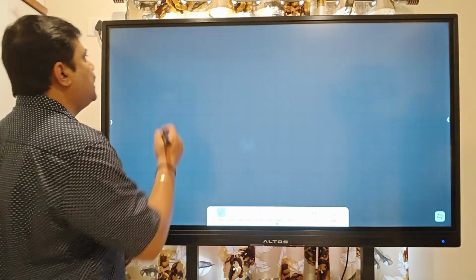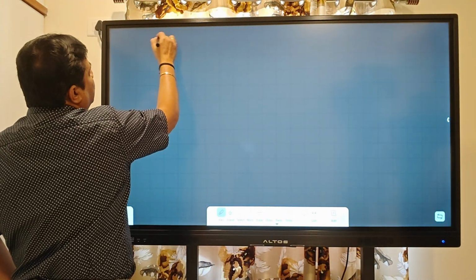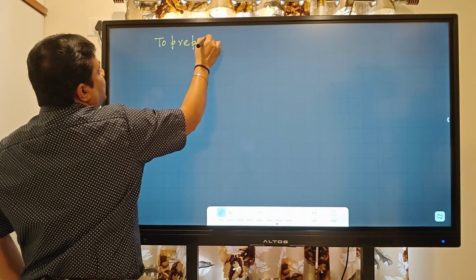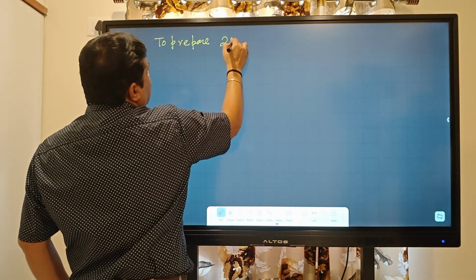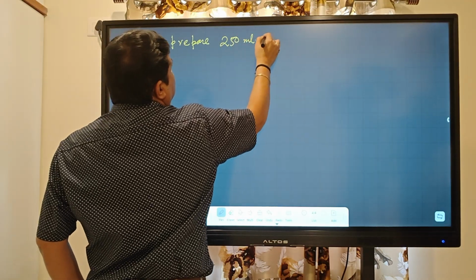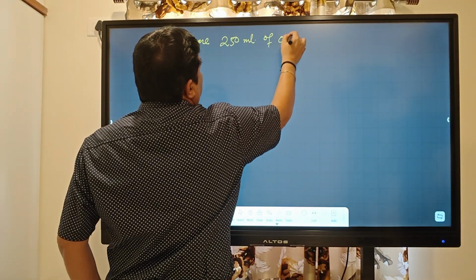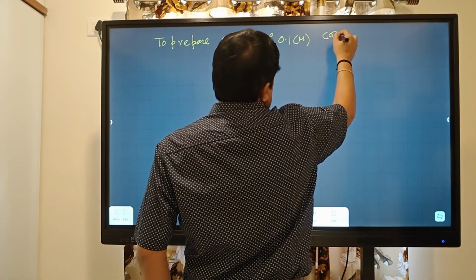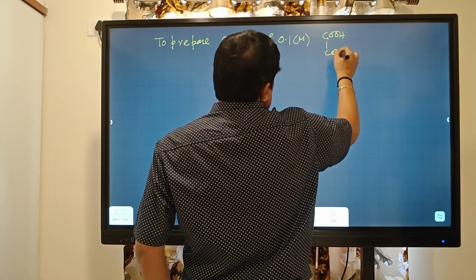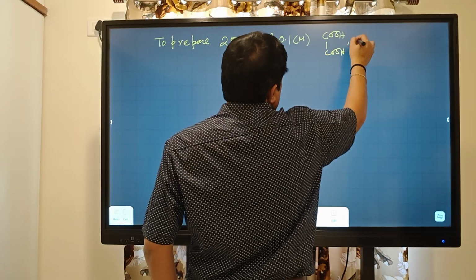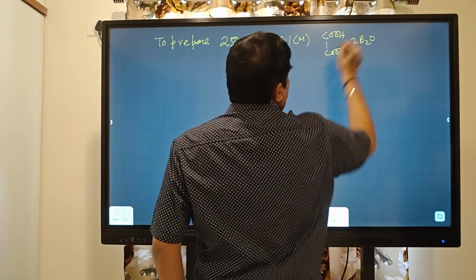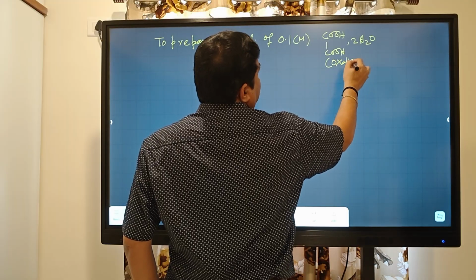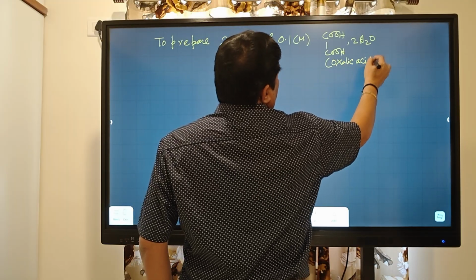Next problem: to prepare 250 ml of 0.1 molar oxalic acid. Here I am giving you, this is called oxalic acid, COOH 2 H2, and 2 molecules of water of crystallization are there. Anhydrous means this water will not be there.